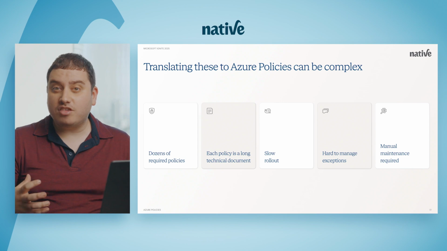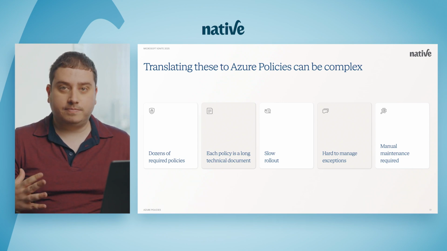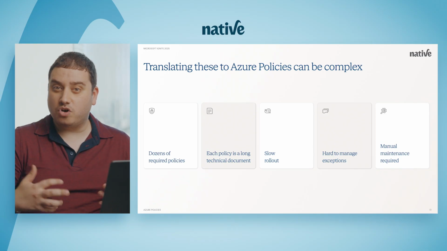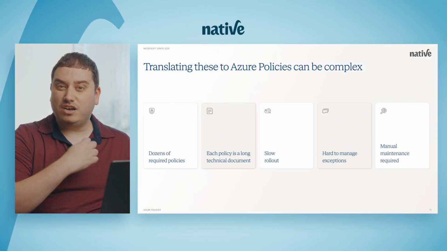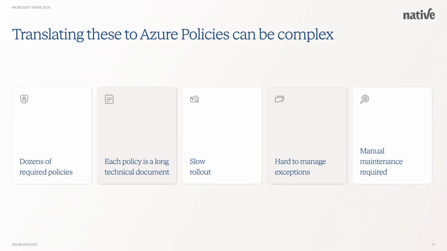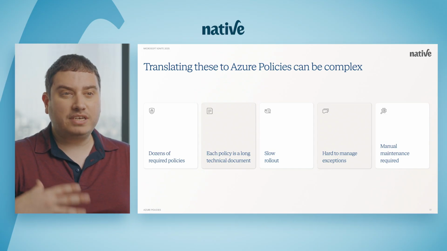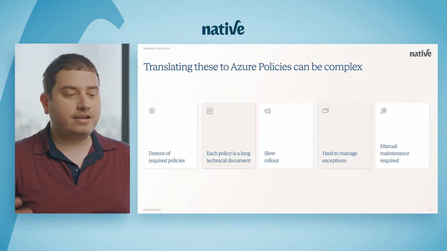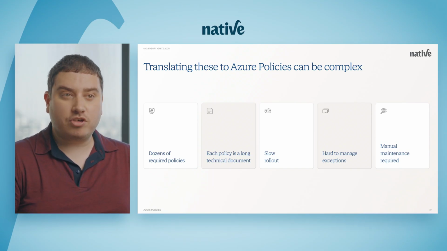And while these requirements are now very, very clear, it can still be hard to translate each of them into Azure policies. Each of those requirements can translate into dozens of policies, dozens of custom policies that you need to go in and write, resulting in very long technical documents that are hard to define. Even after writing the policy, you get to the rollout phase, and rollout can be extremely slow because you need to simulate the policy, understand its impact on your environment, and manage exceptions along the way.